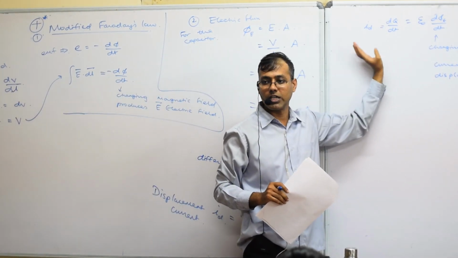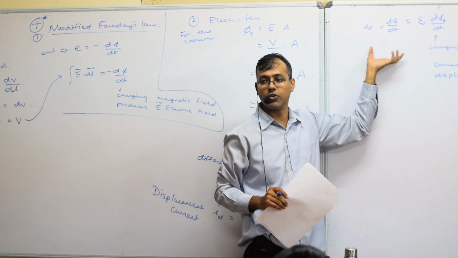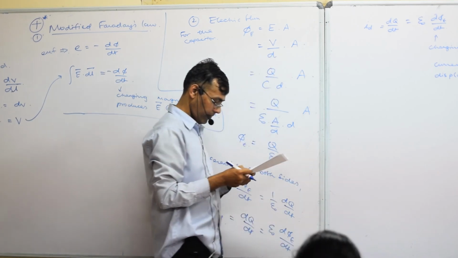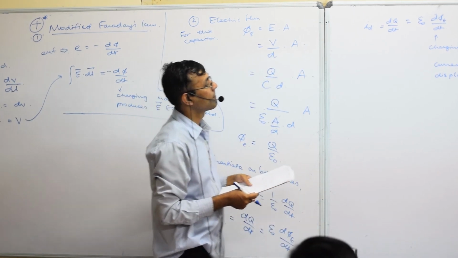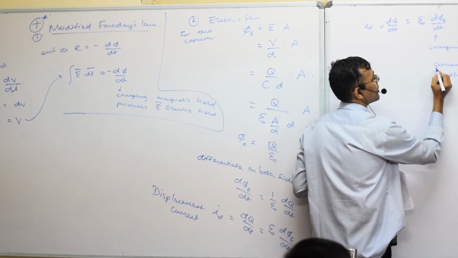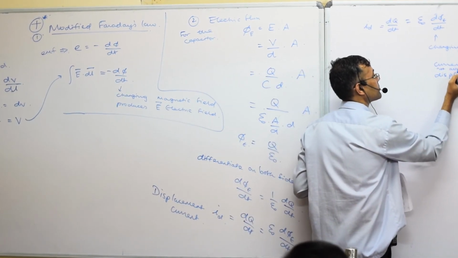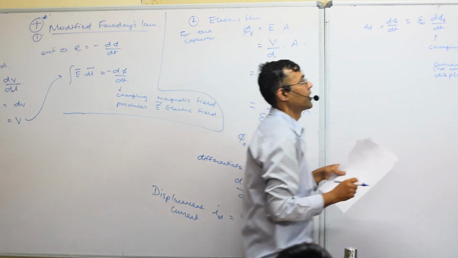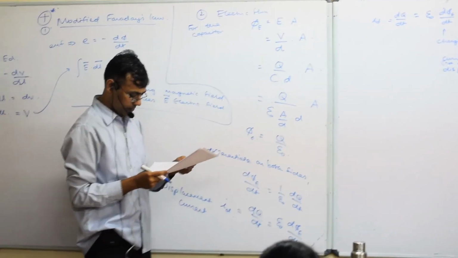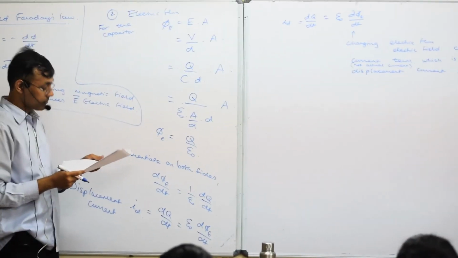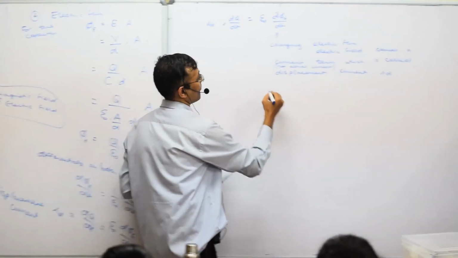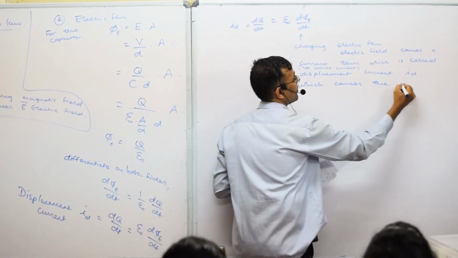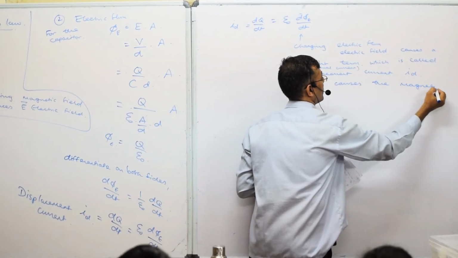It's not really a current, not actually a current, but it's called a current term, dq by dt. So here I am going to write: not actual current, which causes the magnetic field.